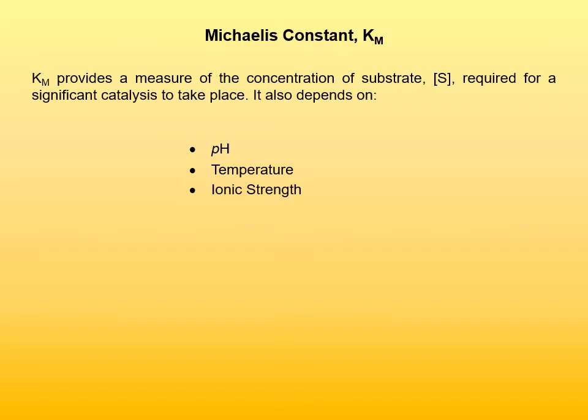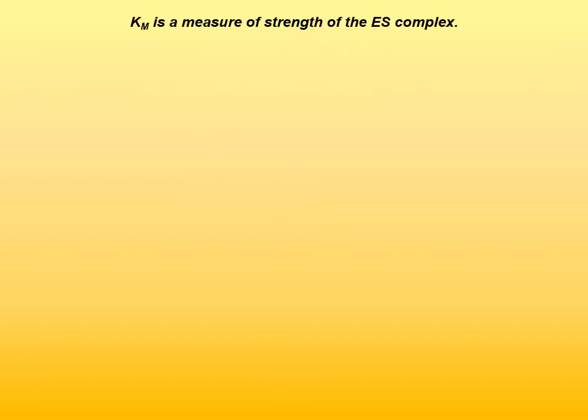For many enzymes, Km provides a very good approximation of the concentration of substrate in vivo, which means that enzymes have evolved in such a way that they have significant activity at substrate concentrations that are typically present in a cell, for example. Km is also a measure of the strength of the enzyme-substrate complex.